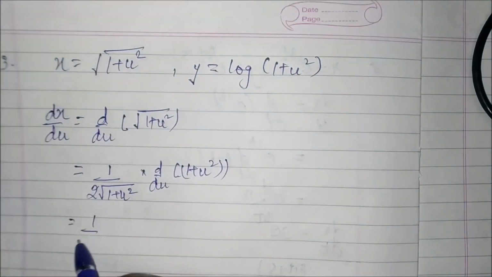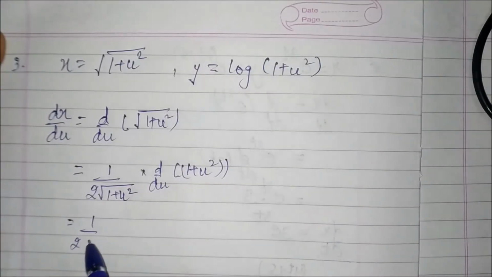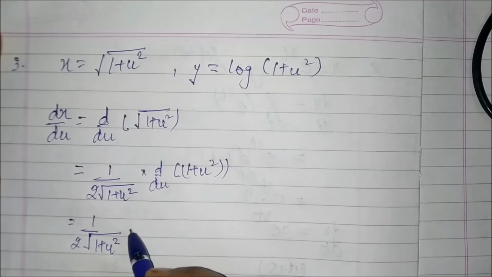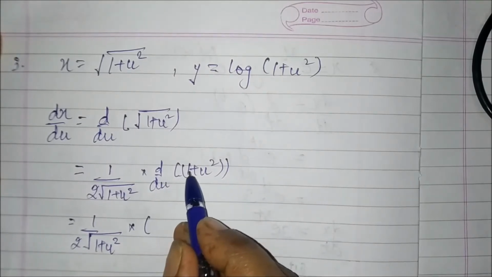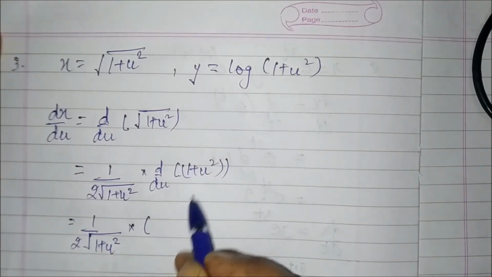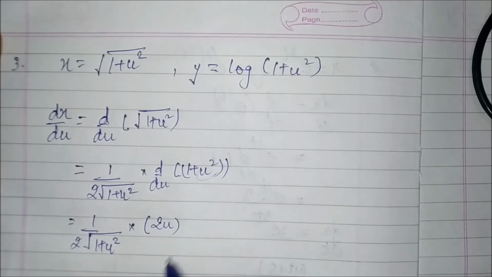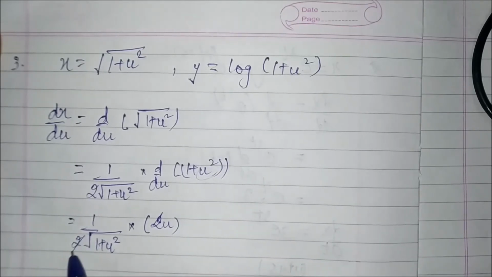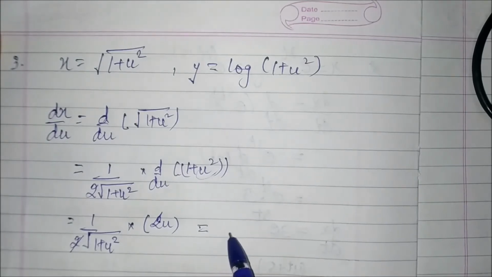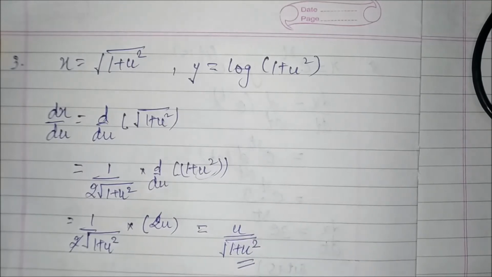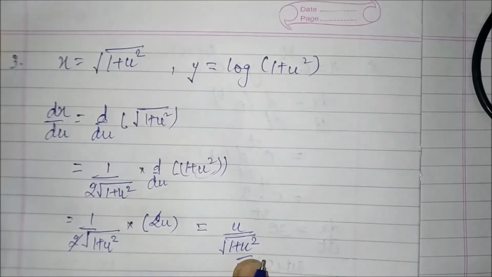So we get 1 by 2 under root of 1 plus u square into the derivative of 1 which is 0, so leave it, plus the derivative of u square which is 2u. So this 2 and this 2 will cancel out and we get u upon under root of 1 plus u square. Okay, this is dx by du.